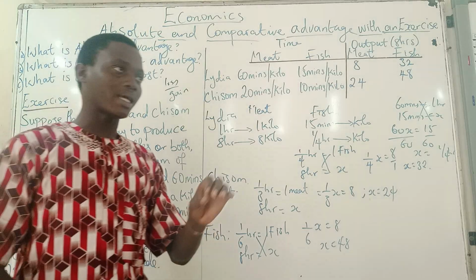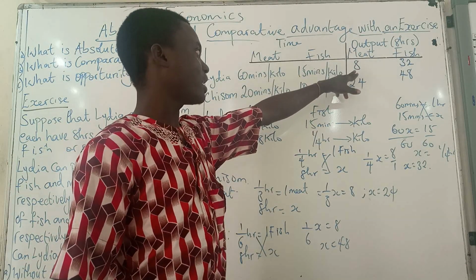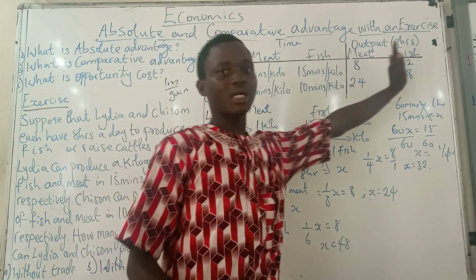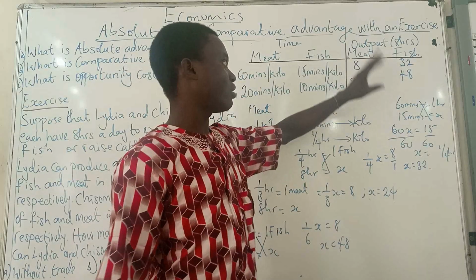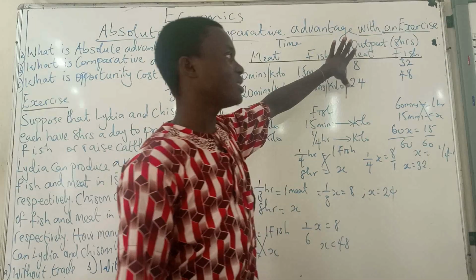If they decide to produce only meat, they will only have 8 and 24. There will be no fish at all. And if they decide to spend all of their 8 hours on fish, there will be 32 and 48, and there will be no meat at all.